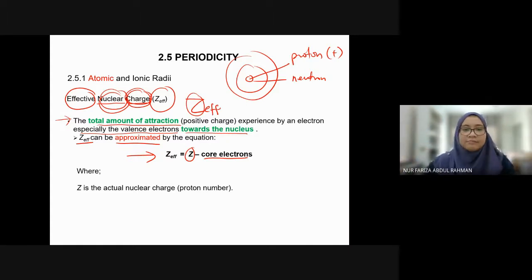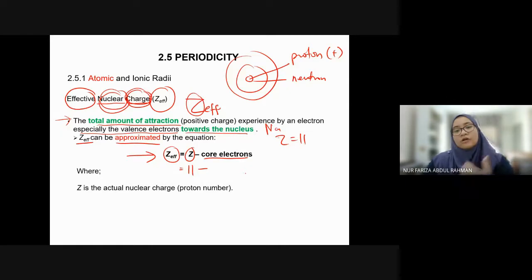For example, let's say sodium. The proton number for sodium is 11. So how do we calculate the Z effective for sodium? Z for sodium is 11 minus the core electron. So how do we determine the core electron?